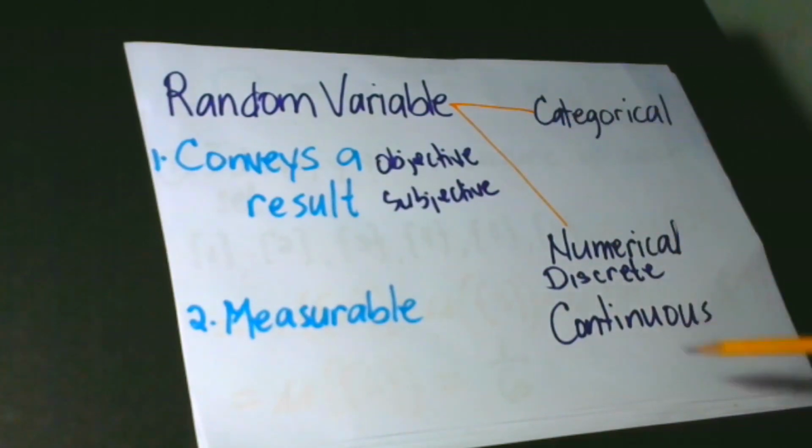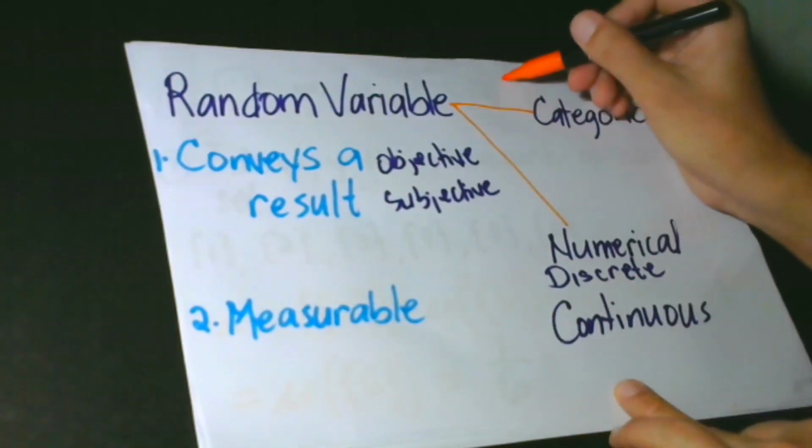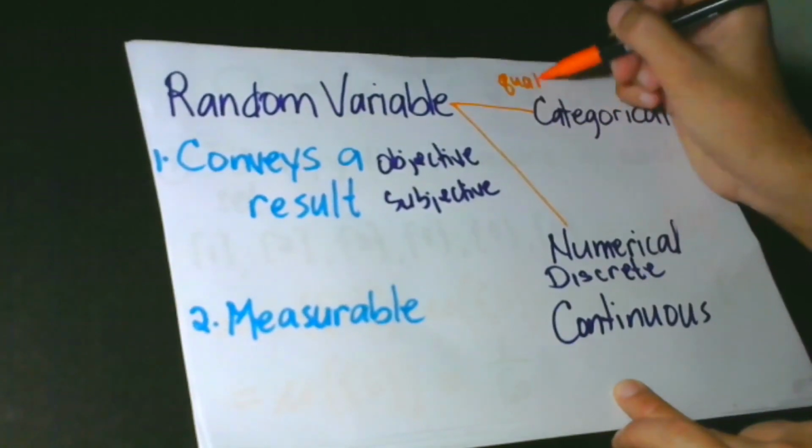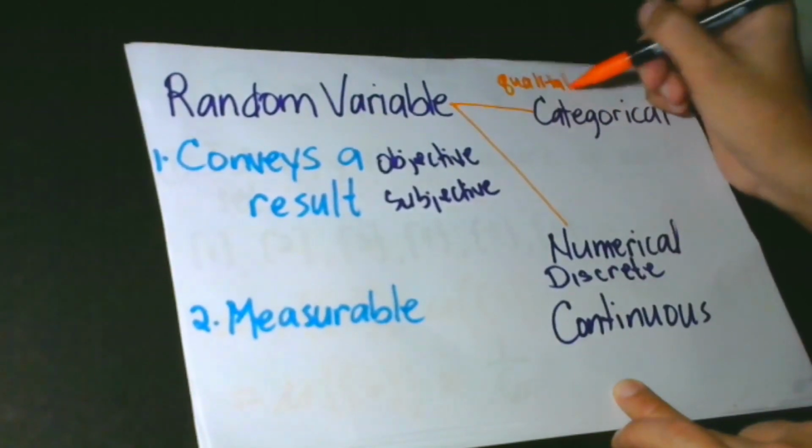So there are 2 kinds of a random variable. It can be categorical, it can be numerical. The categorical variable has something to do with quality. This is why it is also called qualitative. Let me write here, qualitative.